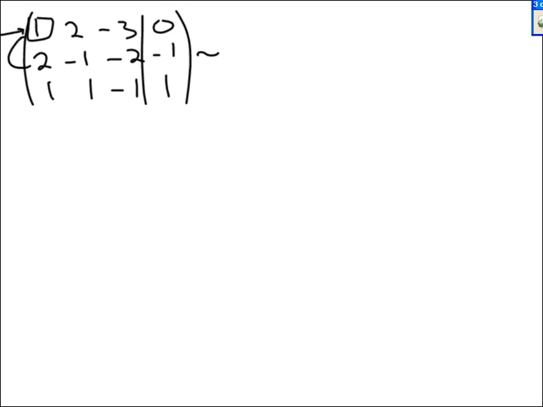1s are really friendly because I can get 1 to be any number I want. I want a 2 to be where the 1 is. I double the first row. 2 times row 1. It put a 2 in that first position. And row 2 already has a 2 in the first position. So I just do elementary school subtraction. Now, I want to get this entry to be 0.